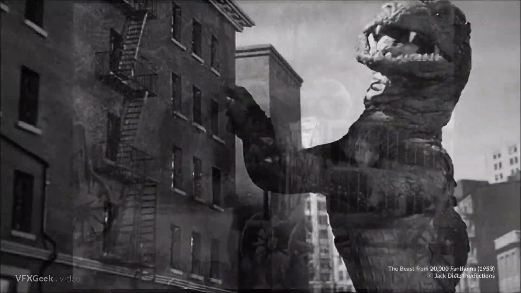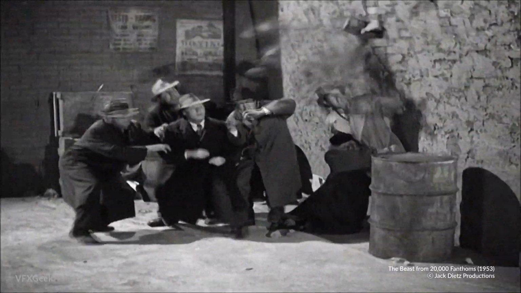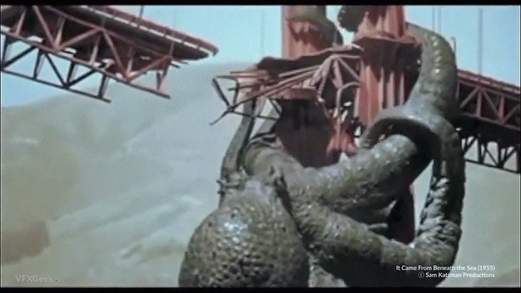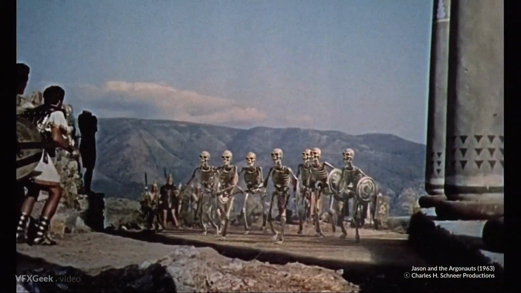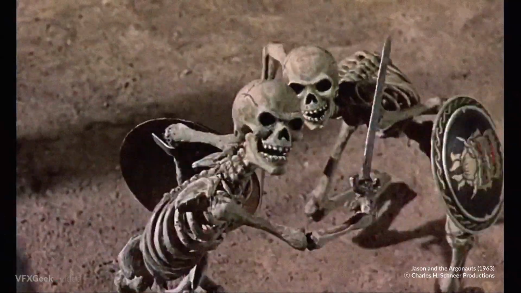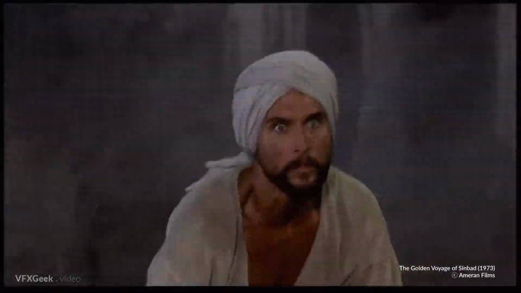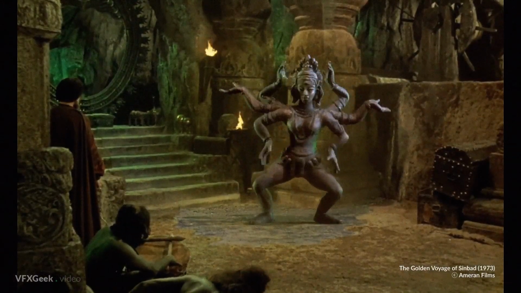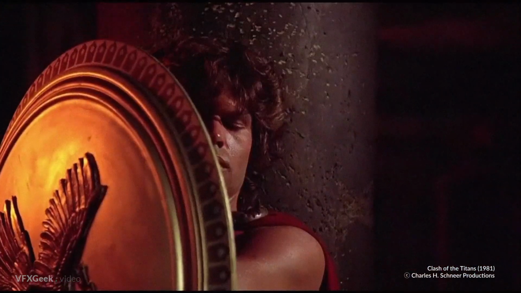His most famous creations are The Beast from 20,000 Fathoms, It Came from Beneath the Sea, Jason and the Argonauts, with the memorable skeleton fight scene, The Golden Voyage of Sinbad, and Clash of the Titans.